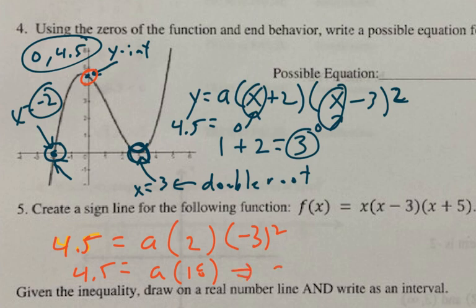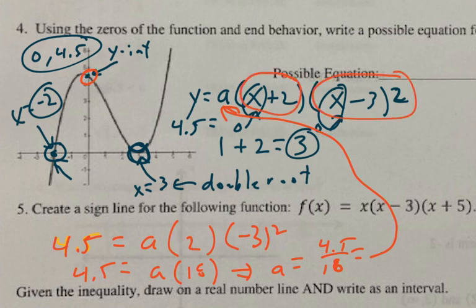So therefore, a is going to be 4.5 divided by 18. And whatever that value is goes in front, and then you actually have the equation. But I got a feeling that all you really need to do is set up the x plus 2 and the x minus 3 squared, and that's all your teacher wants.